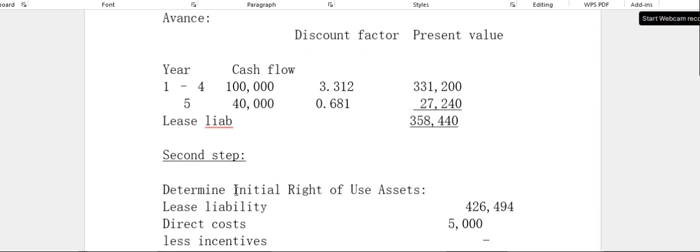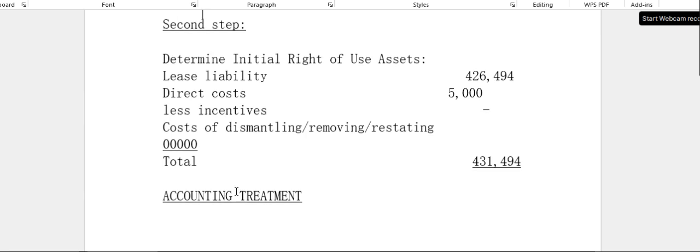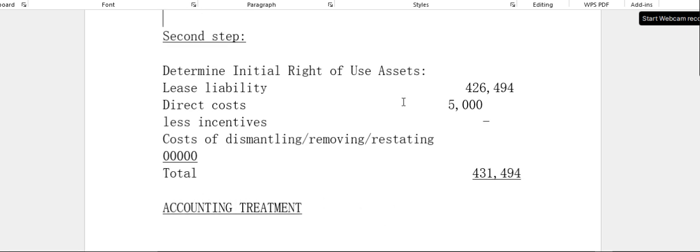Now that we have determined our lease liability, let's determine our initial right of use of assets. Remember, I told you the composition of the right of use of assets is lease liability. Now, we are doing arrears, when lease payment was made in arrears.